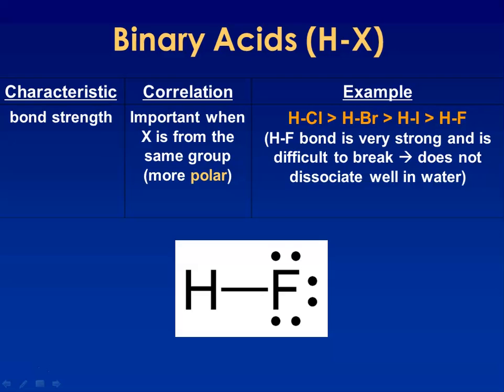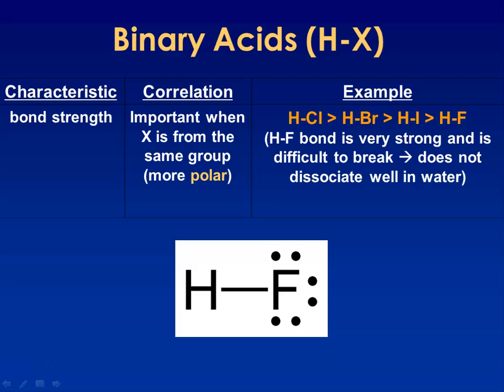But the HF bond is not easily broken because fluorine is, again, so electronegative, it does not handle having that connection broken nearly as easily as the other halogens in the group.